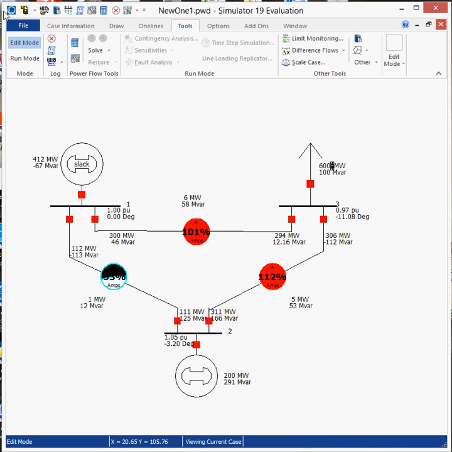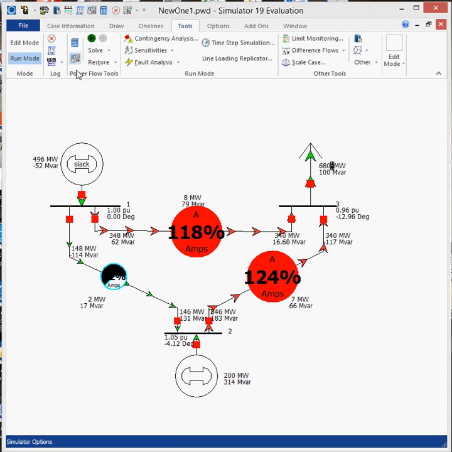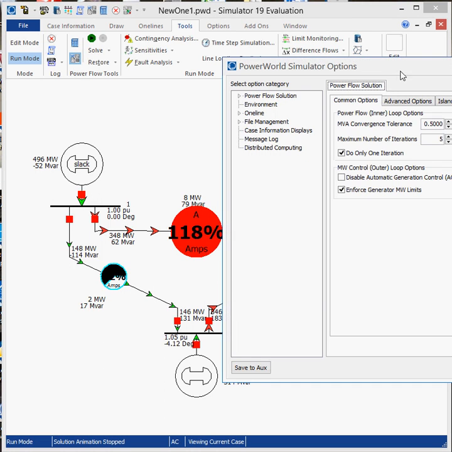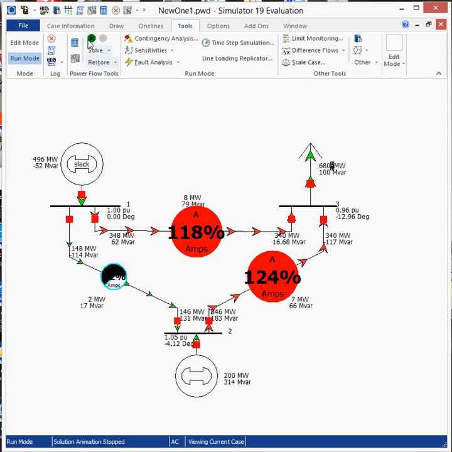Okay, so when there is an increase in your load, okay, so you can remove this. Okay, so click this, it will run continuously, so you can keep on increasing your load.